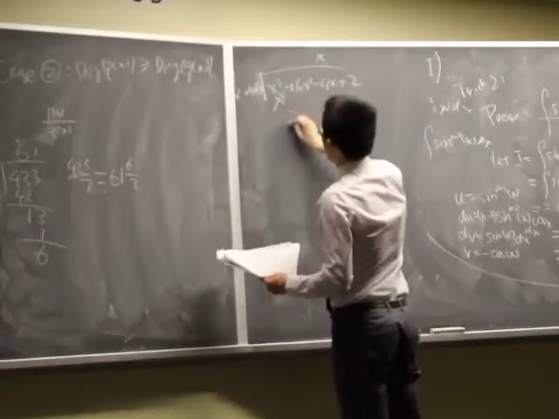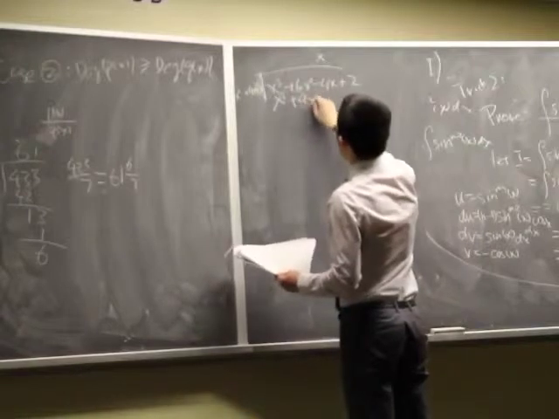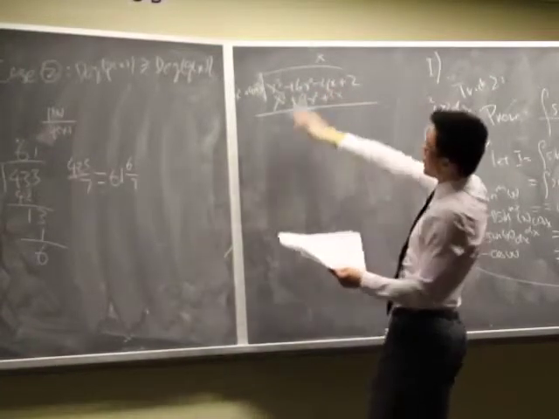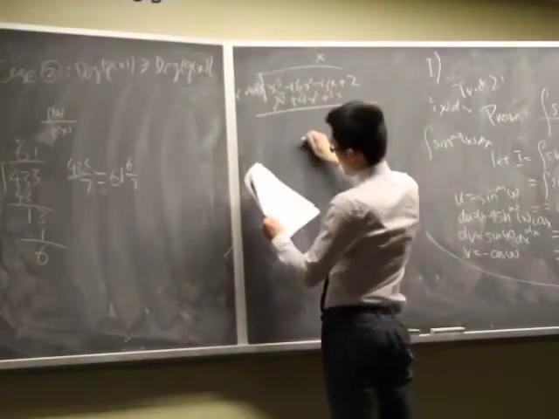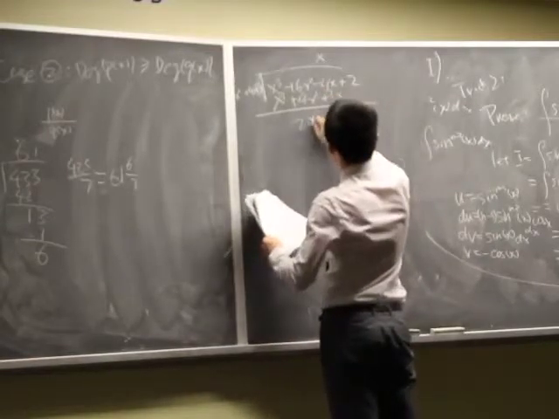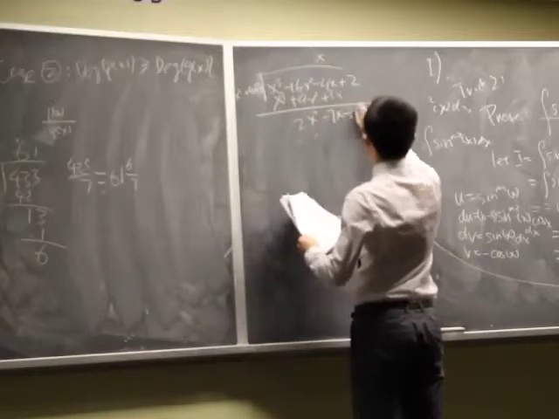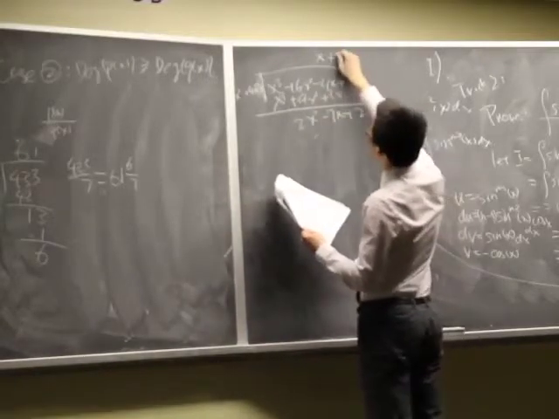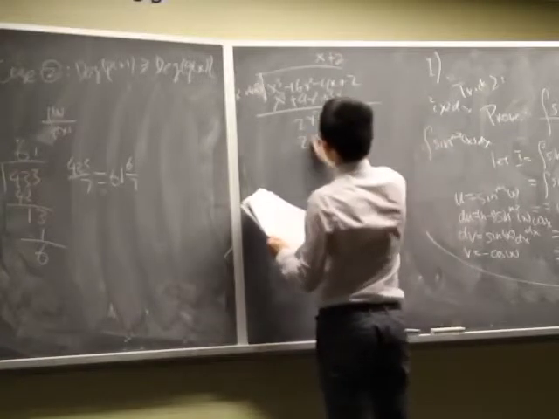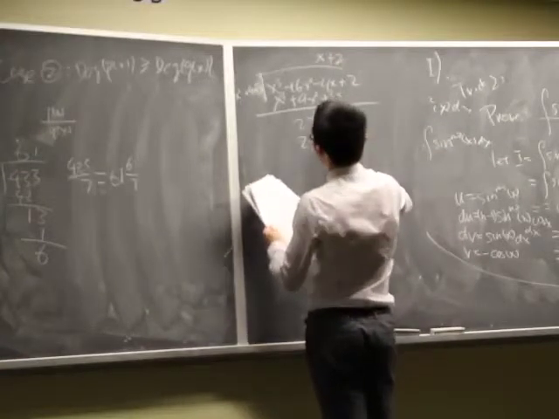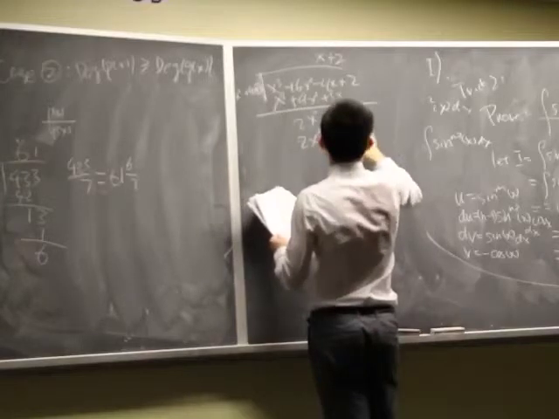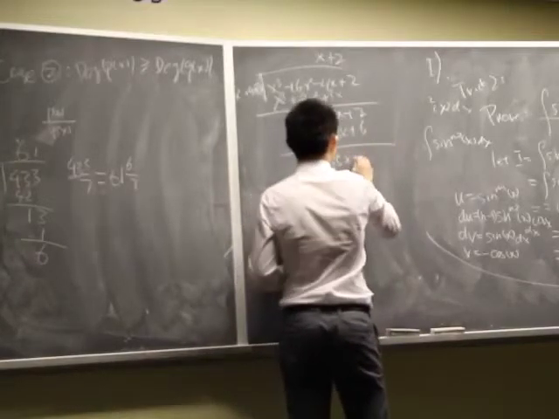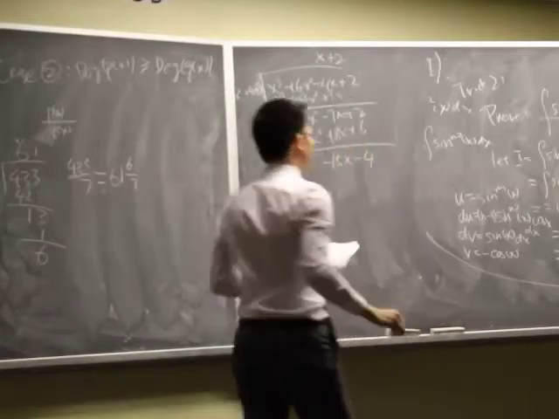And then we're going to get x cubed plus 4x squared plus 3x. Doing the same subtractions, we're going to get 2x squared minus 7x plus 2. And then we're going to have another term right here, which is 2. It's going to give me 2x squared plus 8x plus 6. Canceling them out, -15x minus 4.